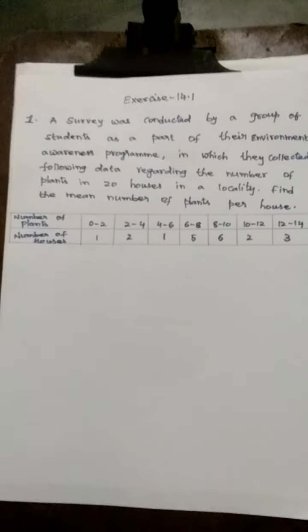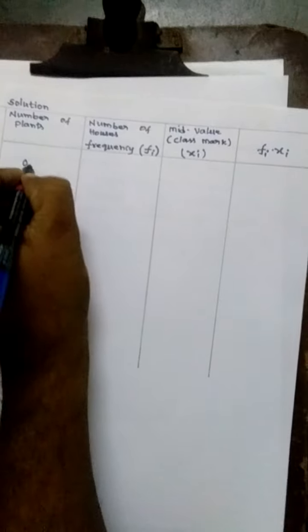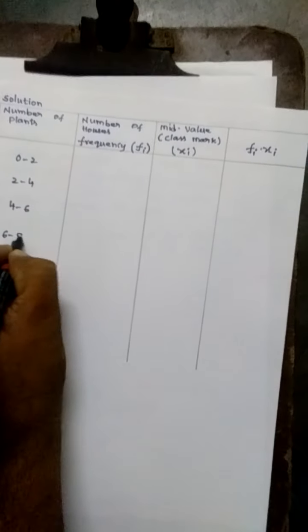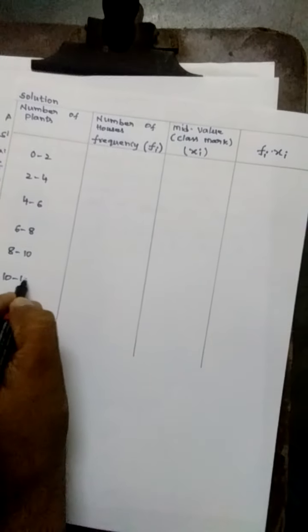See the solution. In solution, number of plants are taken as classes, number of houses are taken as frequency. Number of plants 0 to 2, 2 to 4, 4 to 6, 6 to 8, 8 to 10, 10 to 12, 12 to 14.